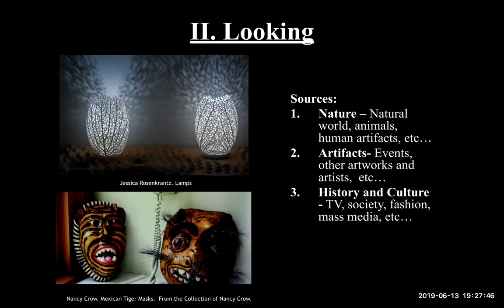So you can look to nature, you can look to artifacts, other artists, prehistoric art. You can look to modern culture. You can look to history. And here are some examples of ways that designers and artists have used those things in their particular art.